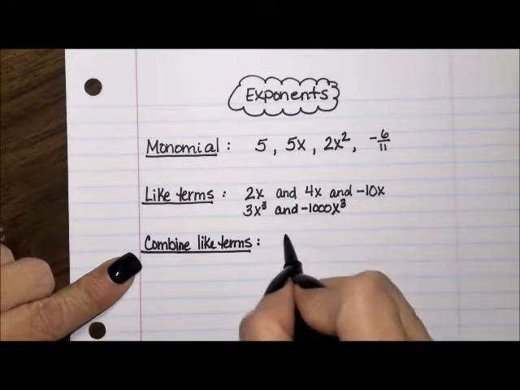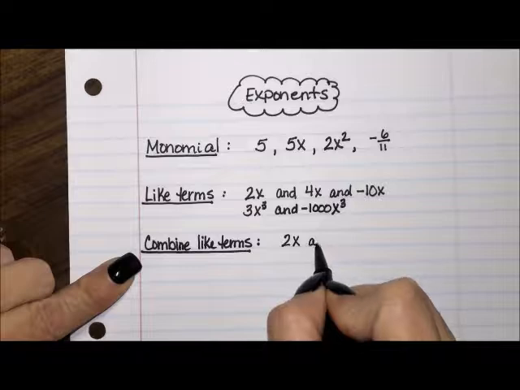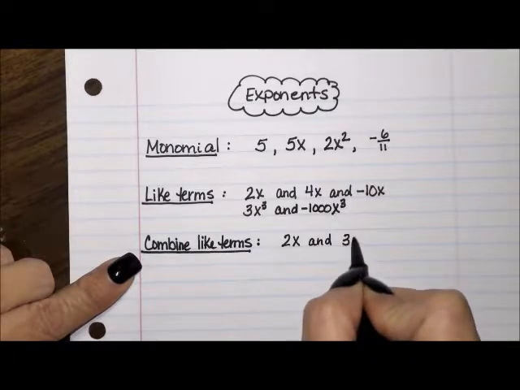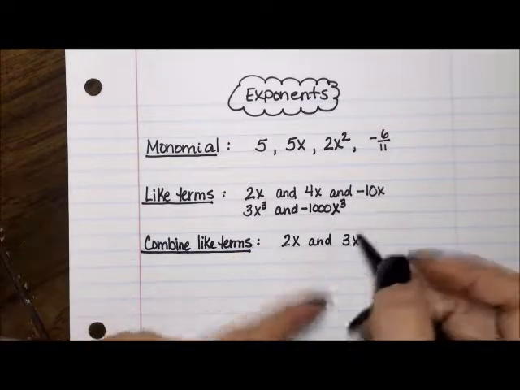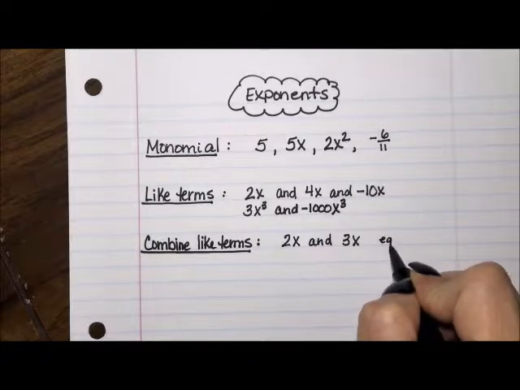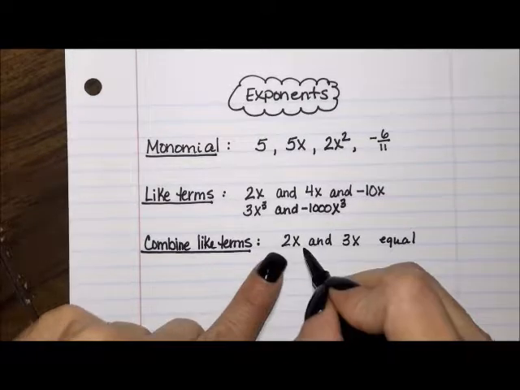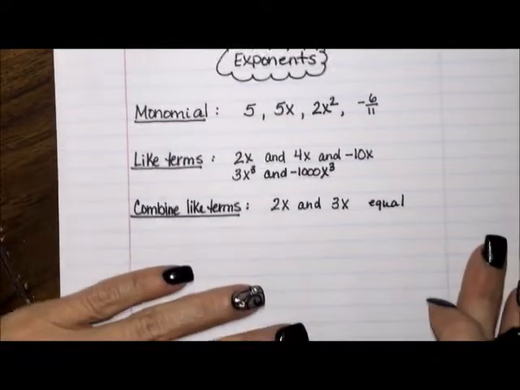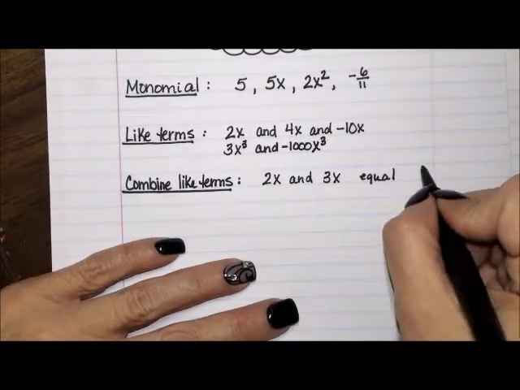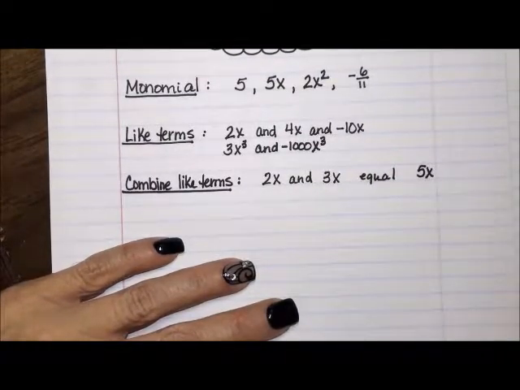And again, you've seen this before. If I take 2x and a positive 3x, and I want to push them together, when I combine my like terms, I would get 5x.